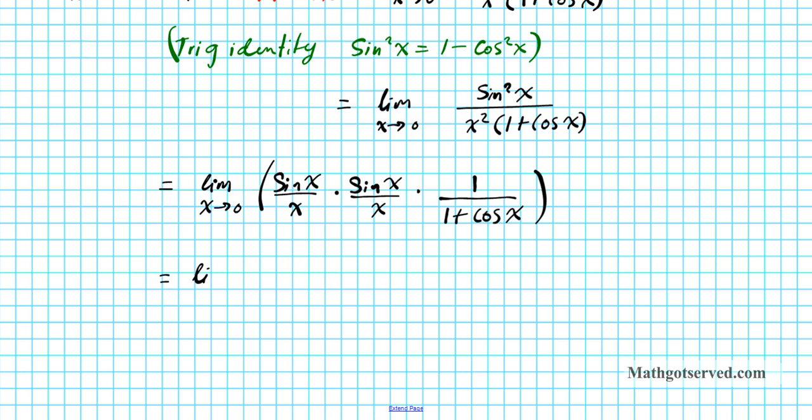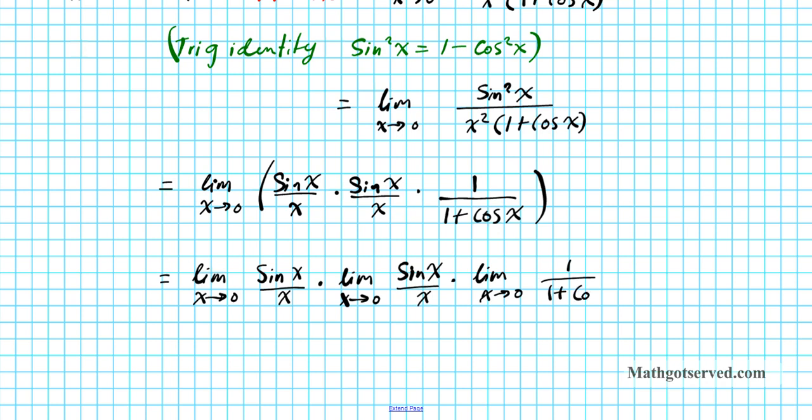So now we're just going to take the independent limits of these factored terms, this product of terms. So this is going to become the limit as x approaches 0 of the first term, which is sine x over x, times the limit as x approaches 0 of sine x over x, times the limit as x approaches 0 of 1 over 1 plus cosine x.